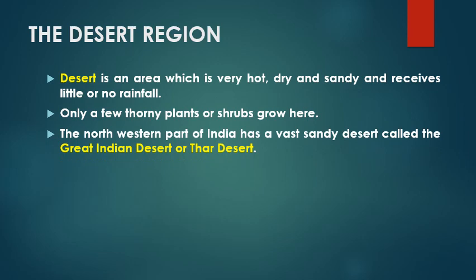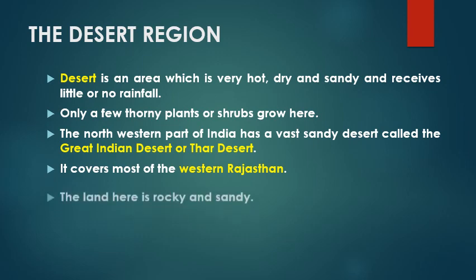The northwestern part of India has a vast sandy desert which is called the Great Indian Desert or Thar Desert, and it covers most of the western Rajasthan. So our Thar Desert, it covers the western part of Rajasthan.